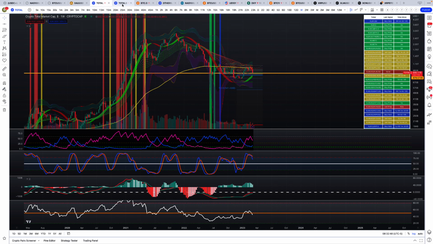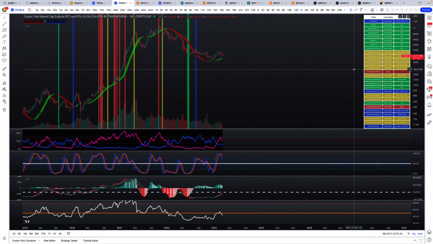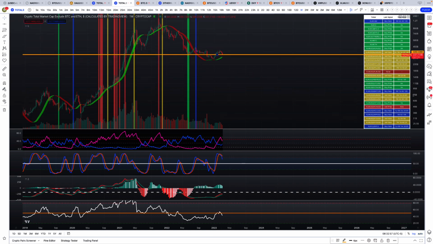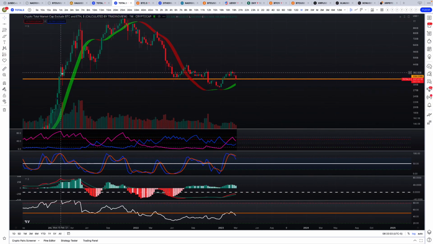Maybe we've already bottomed. Let's go to the total 3, so that's the altcoins. We are looking at some key levels right here as well. Basic support and resistance. So right now, we see that this was a level we got hung up on around January, February of 2021, support. Then we came down to it in June of 2022, support. Then October 2022, support.